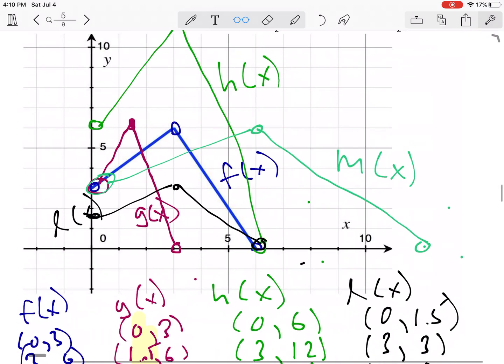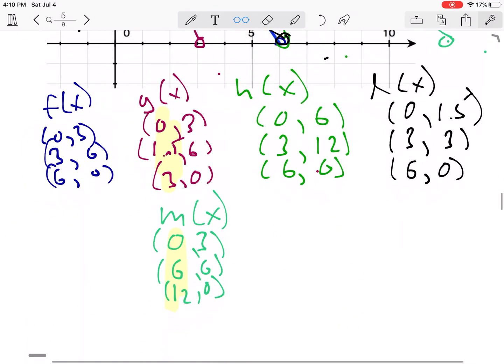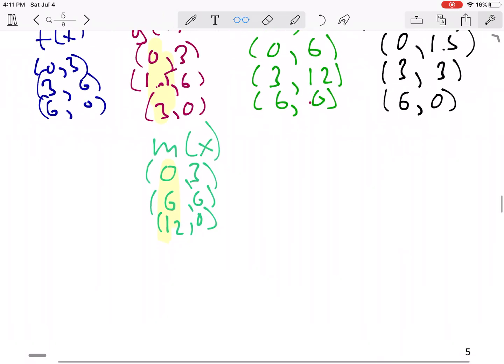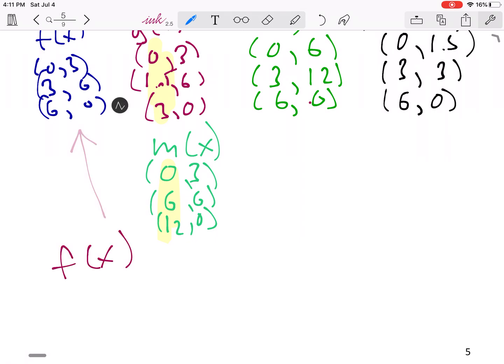I won't do it for all four of these, but let's do f of x, just because that's the one we started with. So there's the coordinates for f of x.